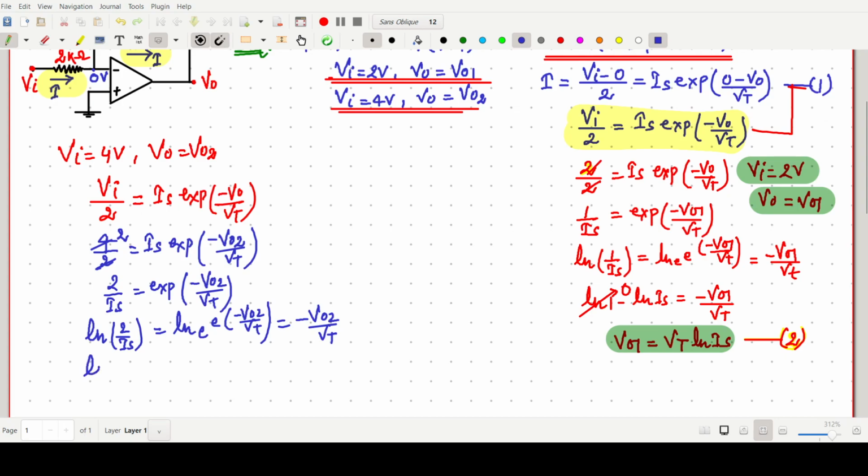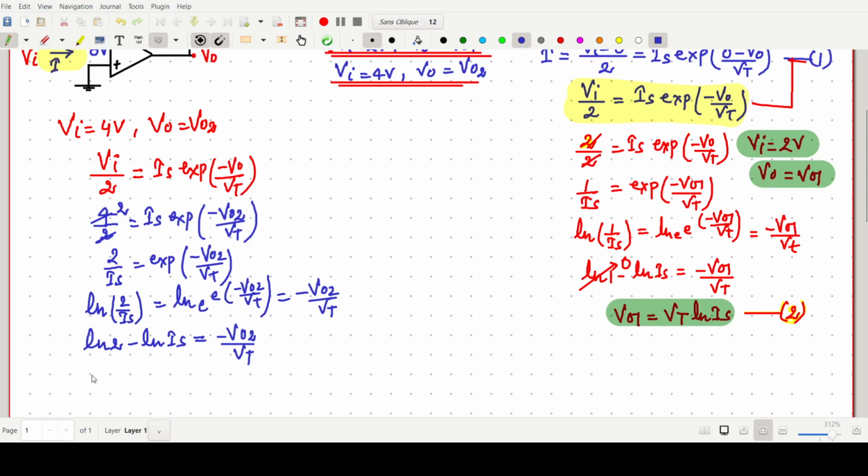So now one can also write this as ln 2 minus ln Is, just using ln a by b equals ln a minus ln b, and this one minus V naught 2 by Vt. And one more line we can write: minus V naught 2 equals to Vt times the whole term ln 2 minus ln Is. Now V naught 1 is there, and also the value of V naught 2 is there.